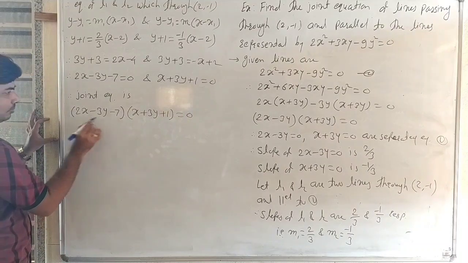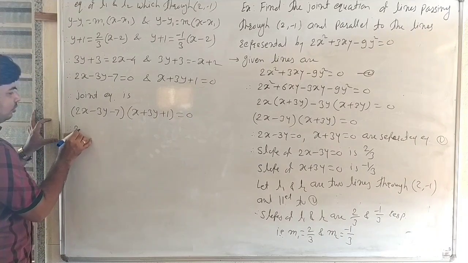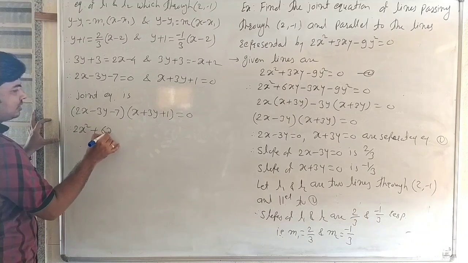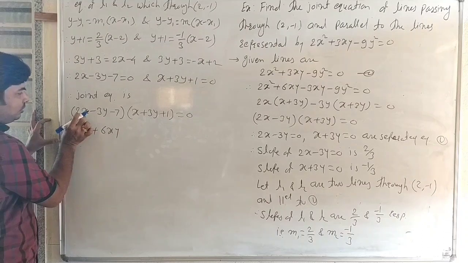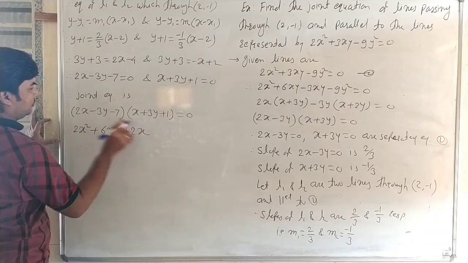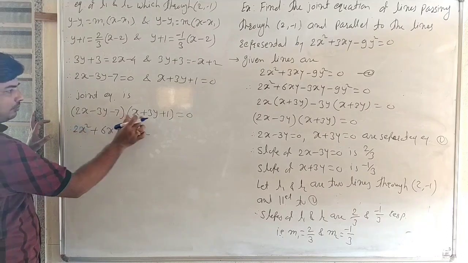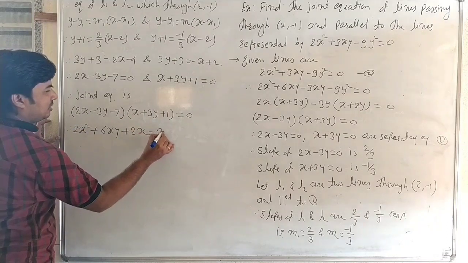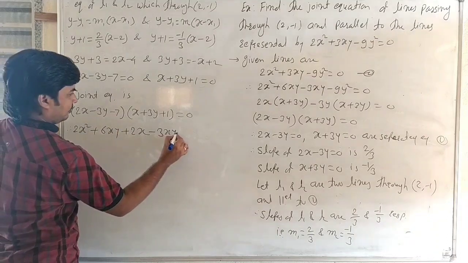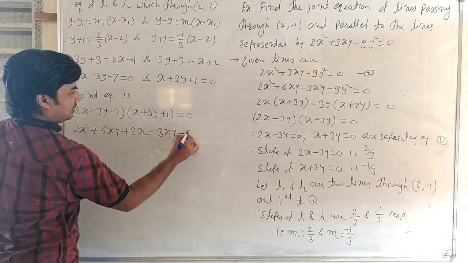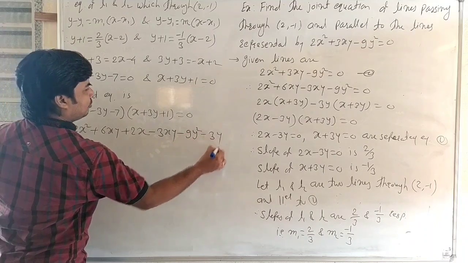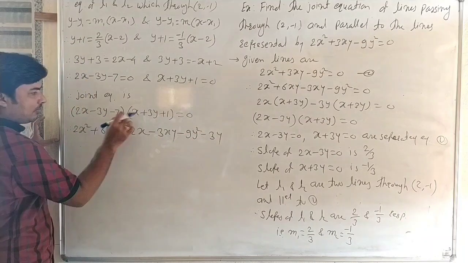Then multiply. Therefore it is 2x square plus 6xy, multiplying 2x with these three terms, plus 2x. Now multiply by minus 3y. It is minus 3xy, minus 9y square, and minus 3y. Then multiply by minus 7.